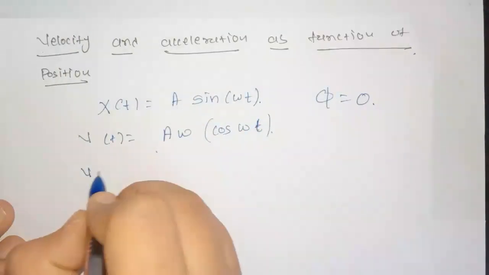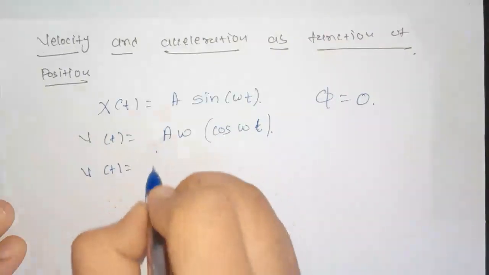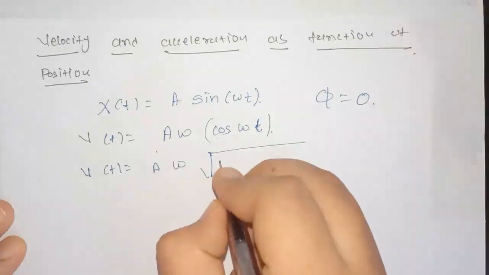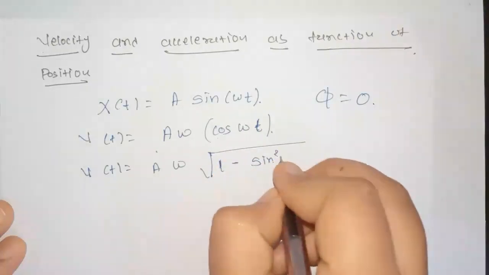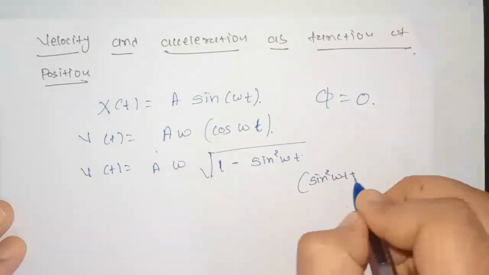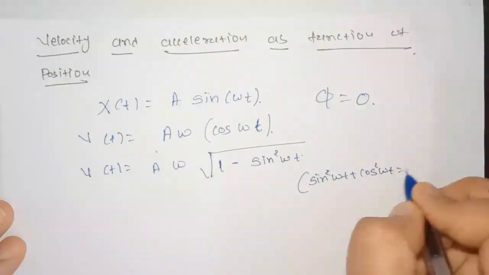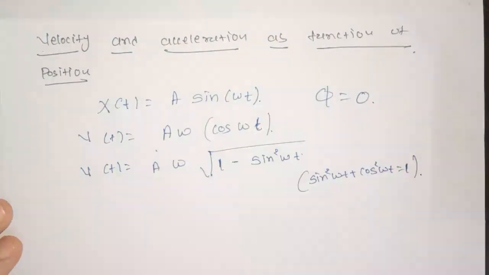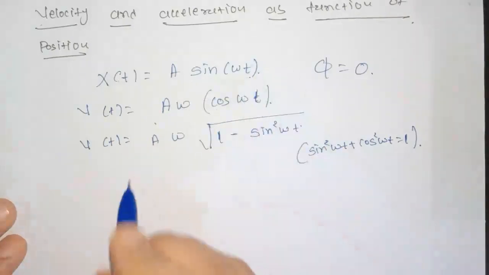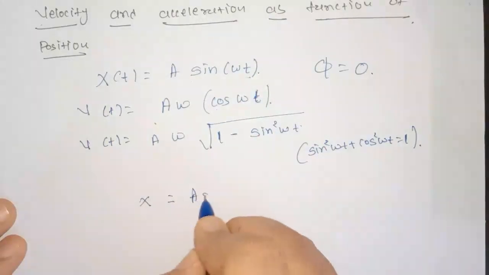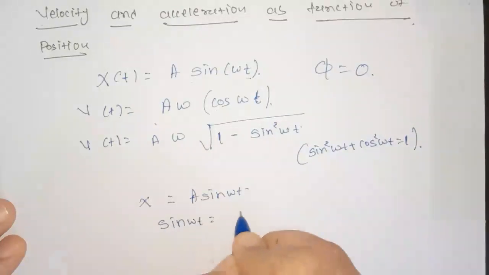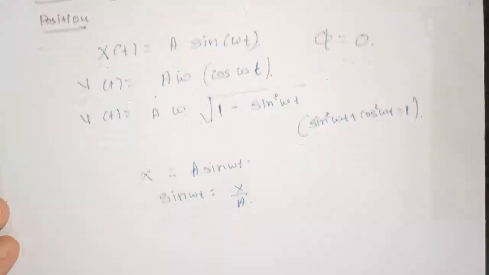Now, this cos omega t can be written as under root 1 minus sin square omega t, because sin square omega t plus cos square omega t is equal to 1. But from x = A sin omega t, sin omega t can be written as x by A.